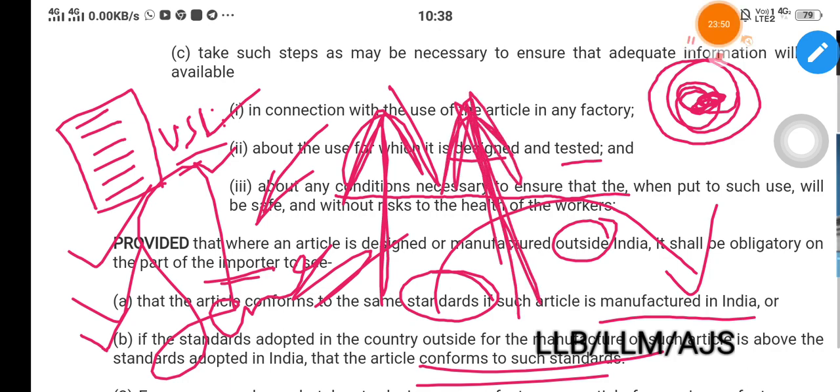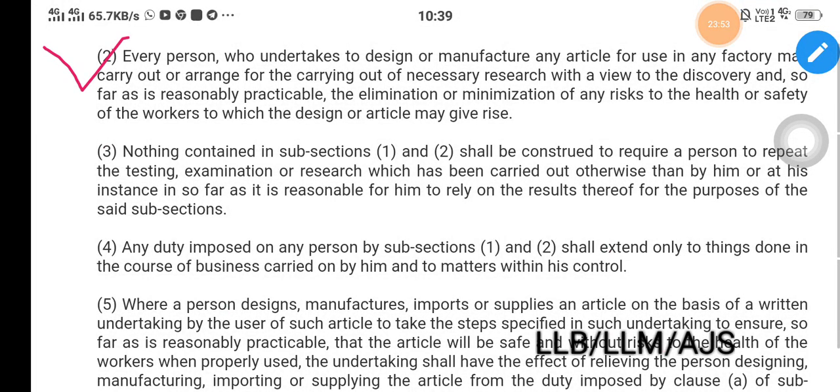Then comes subsection 2. Every person who undertakes to design or manufacture any article for use in any factory shall carry out or arrange for the carrying out of necessary research with a view to the discovery and, so far as is reasonably practicable, the elimination or minimization of any risks to the health or safety of the workers to which the design or article may give rise.